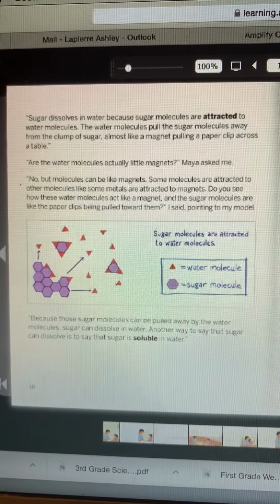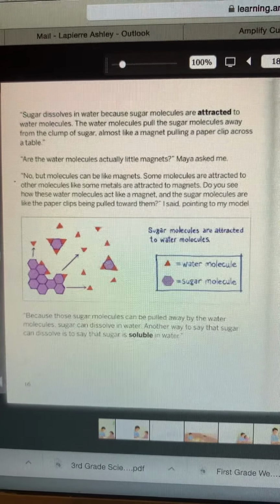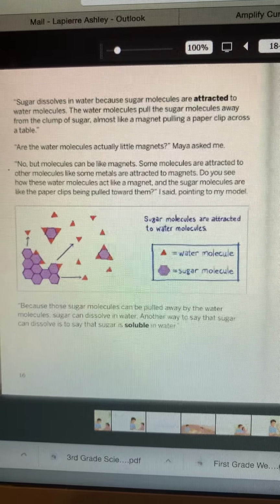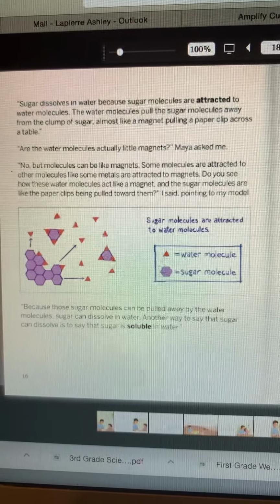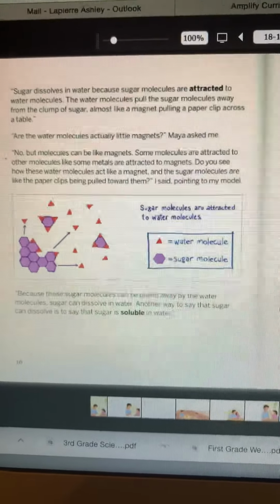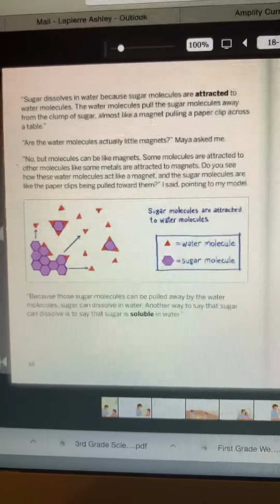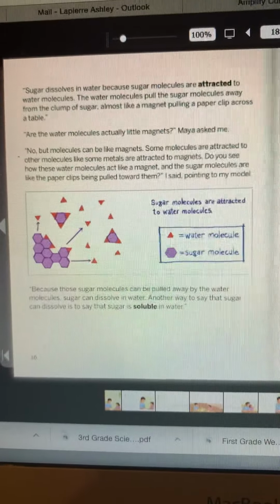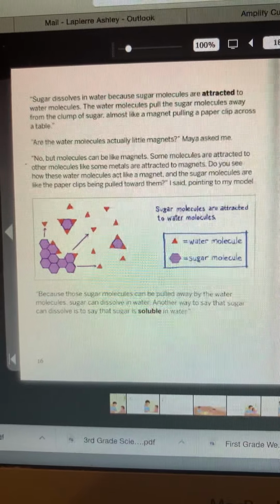Sugar dissolves in water because sugar molecules are attracted to water molecules. So kind of like what we talked about in 4th grade when we talked about the attraction of positive and negative poles. And we talked about electricity and magnetism. Same with molecules. So there are certain molecules that are attracted to each other and some that just aren't.